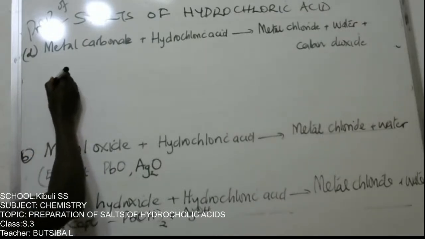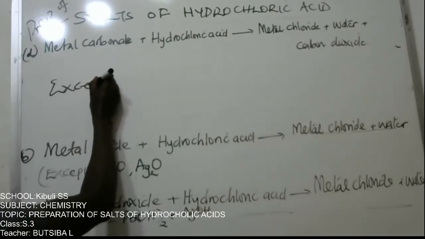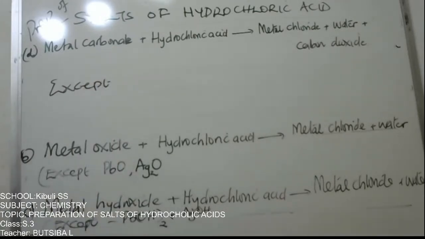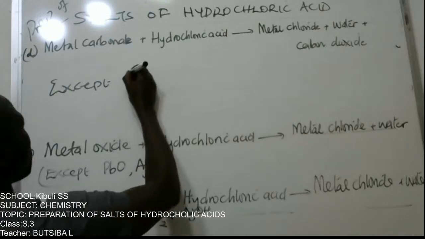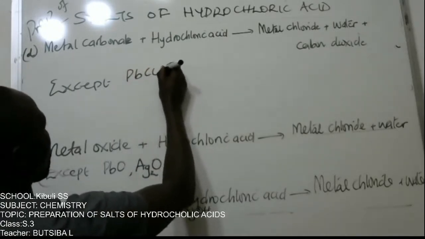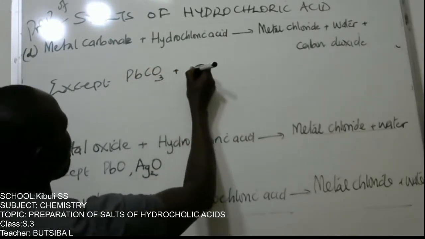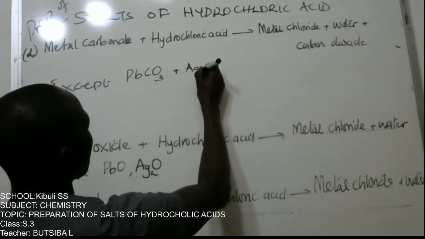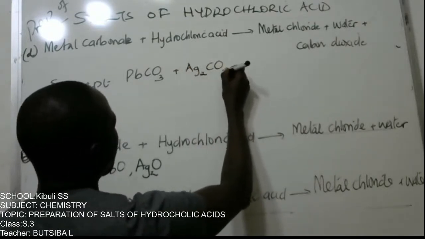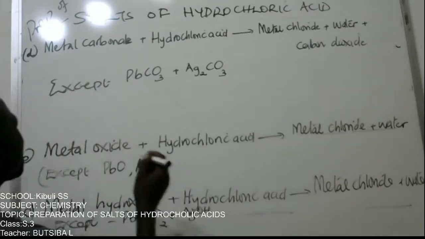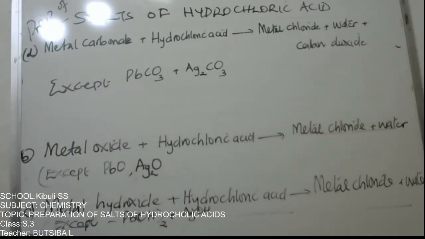So please, as usual, who is going to be left out? We are going to leave out lead 2 carbonate, and we shall leave out silver carbonate. Outside these salts, I'm back in gas preparation.